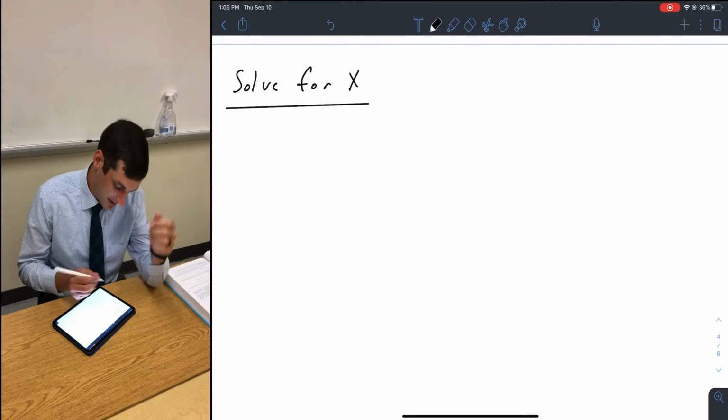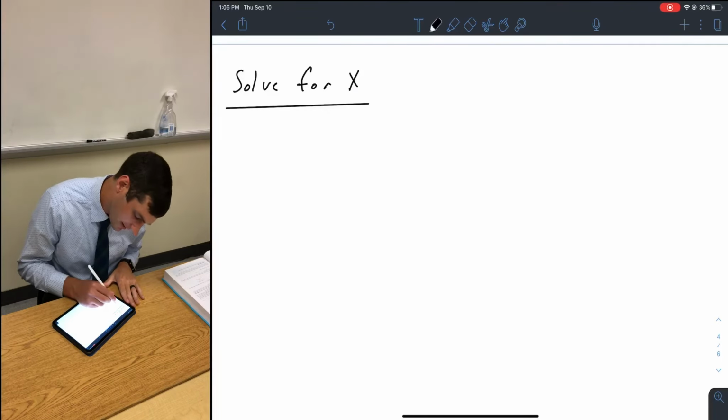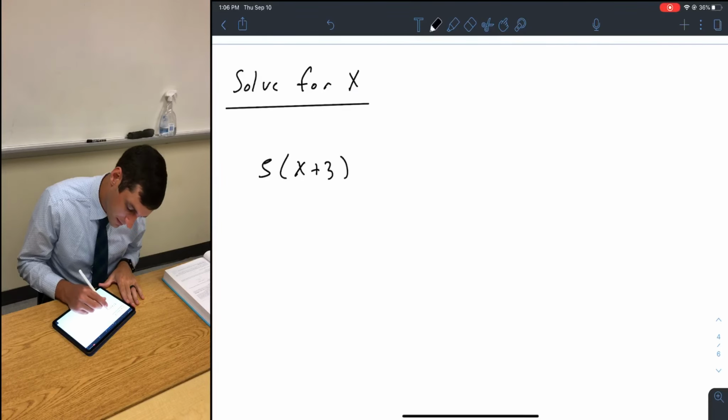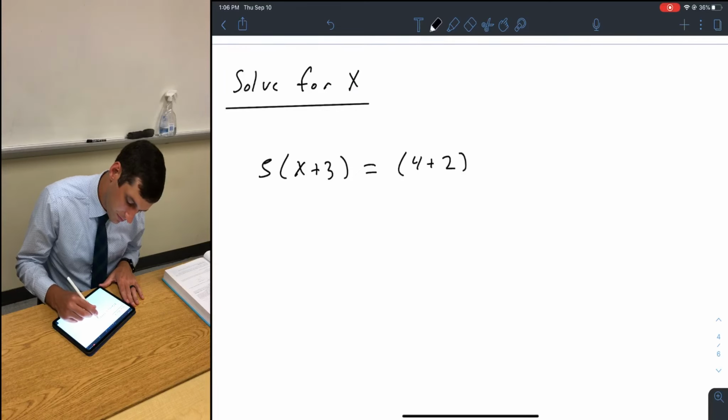So solve for x. Let me rearrange this: 5 times x plus 3 is equal to something.